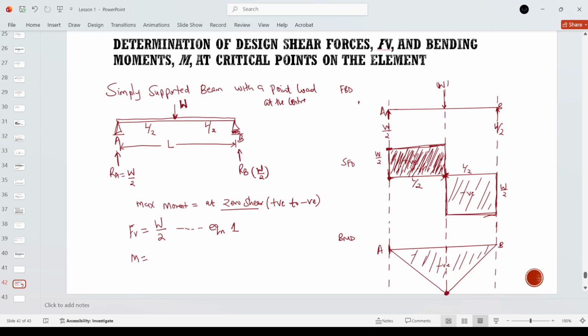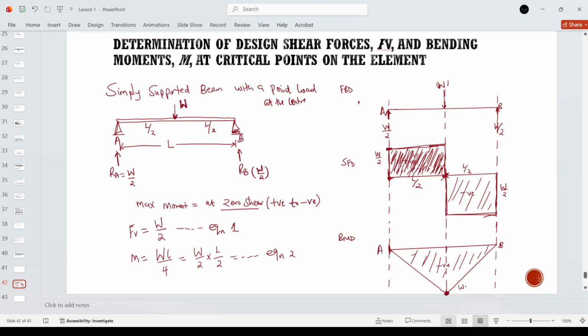WL over 4. Very good. It is WL over 4. How did you get that? W over 2 multiplied by L over 2. So this is equation 2. When you are asked to compute the max, that will be the maximum.